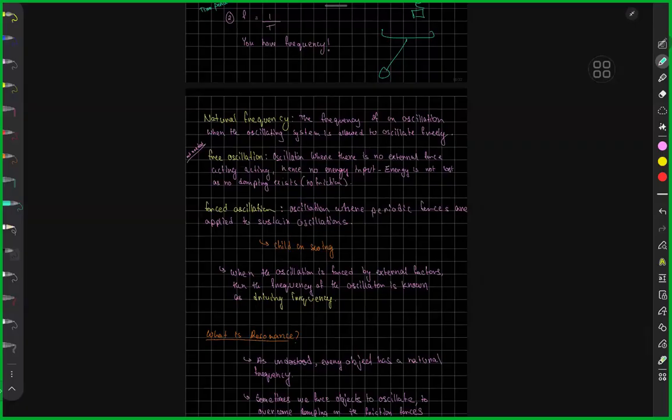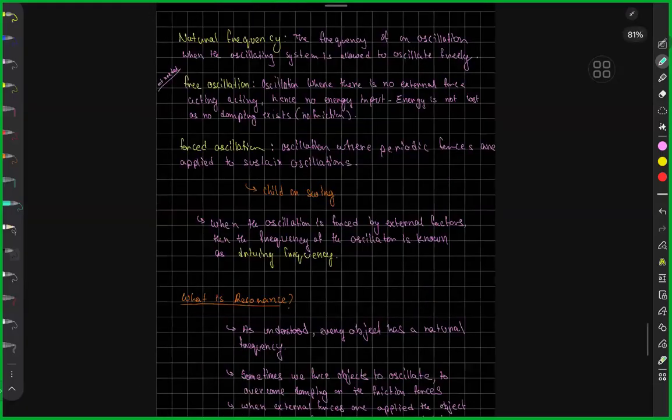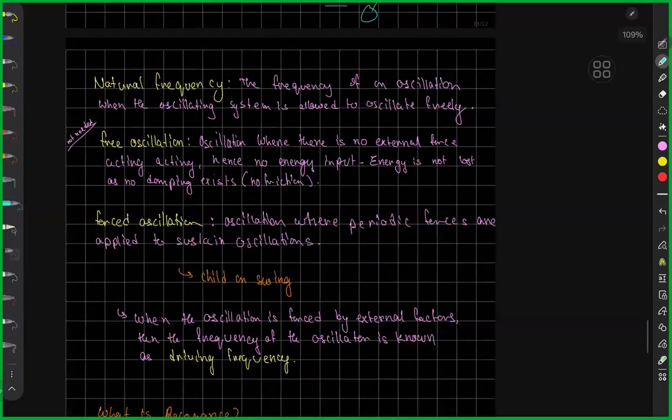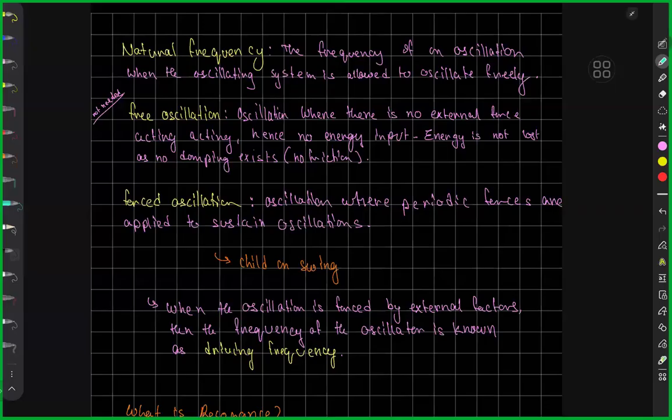How so? Look, the natural frequency of an oscillation is only achieved when the system oscillates freely. Basically, it's the frequency of an oscillation when the oscillating system is allowed to oscillate freely. Got it? Now, what is a free oscillation?